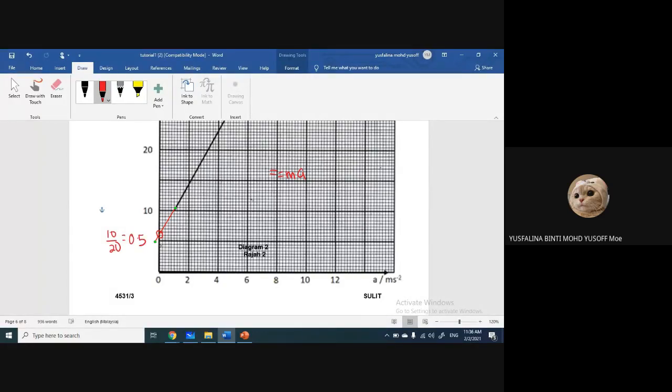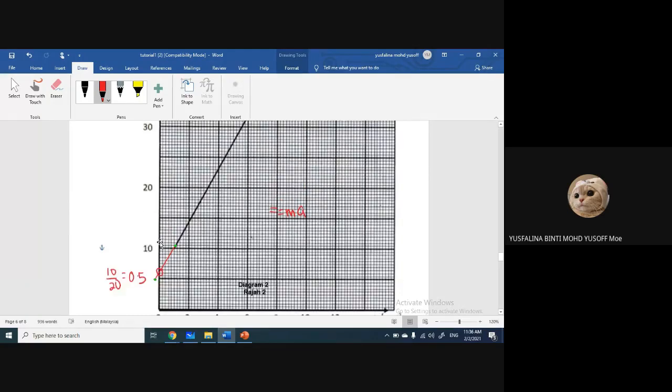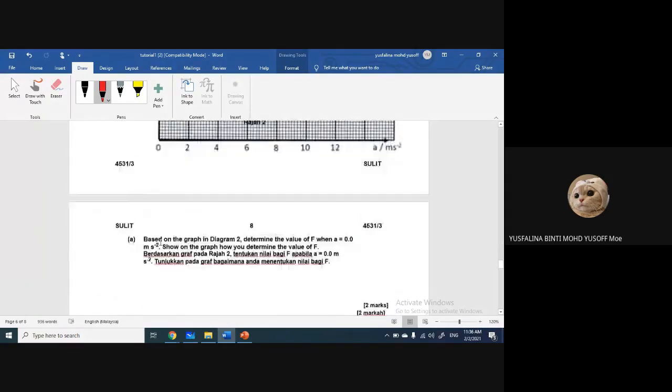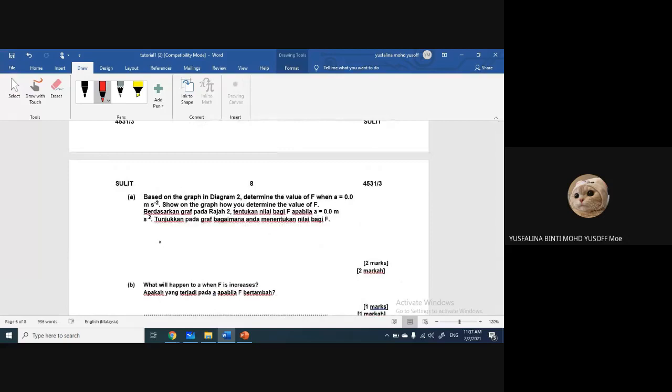So 0.5 for each small box here. This one is actually 5, so 5, 5.5, 6. So you got 6 Newton. The answer for this one is 6 Newton.